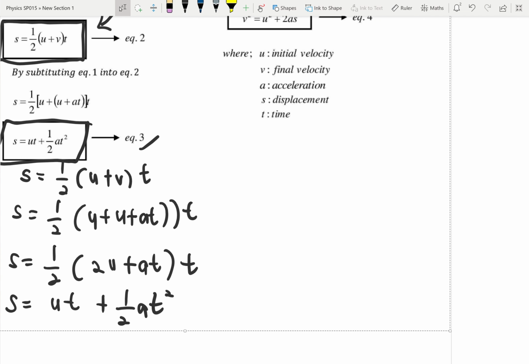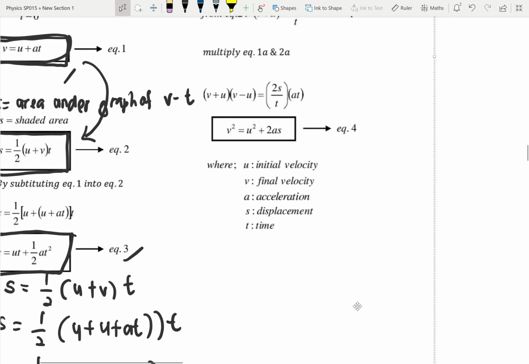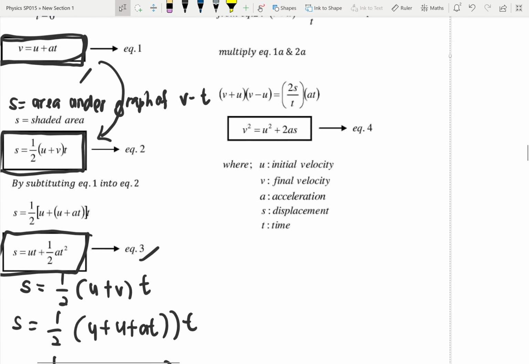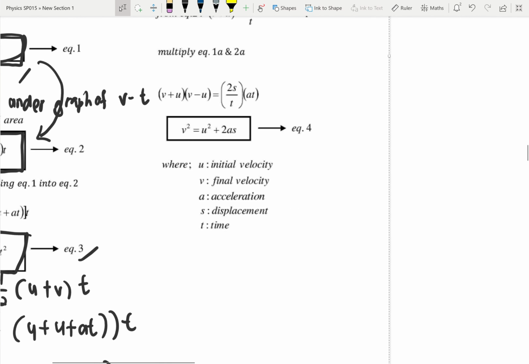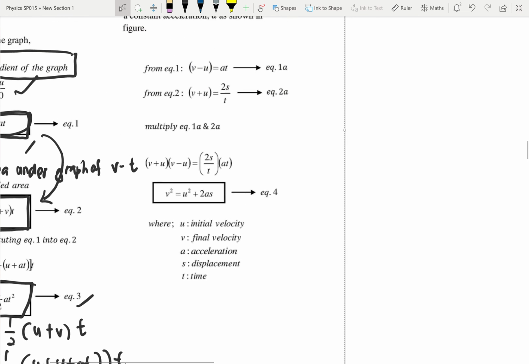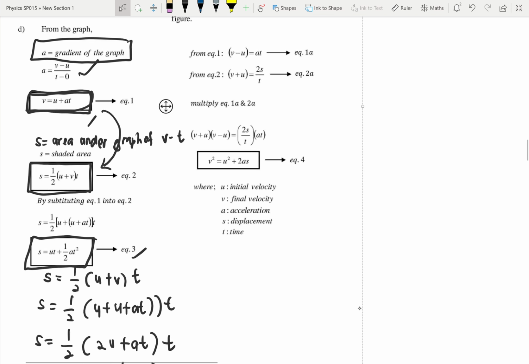Now the last equation, v squared equals u squared plus 2as. How do you get this equation? It is from equation 1 and equation 2. From equation 1, we bring u to the left hand side, so v minus u equals at.